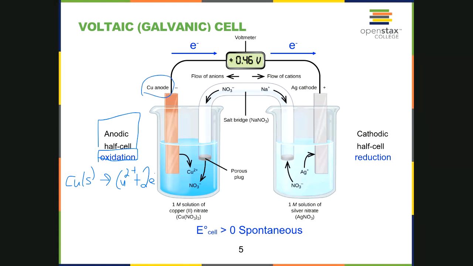On the other side, on the right side, now we have silver cation, so Ag plus. And then if we give it an electron, like that, then that's going to cancel out our positive charge, and now we're going to have silver solid.